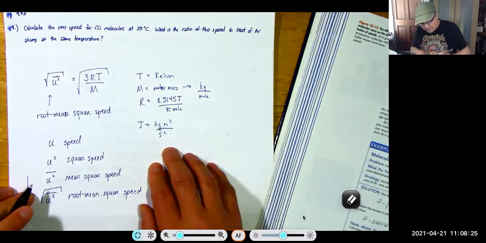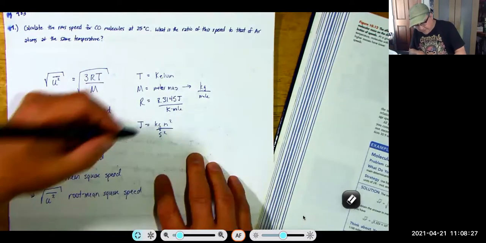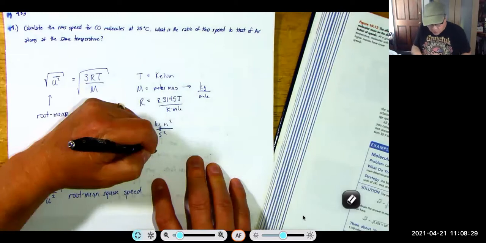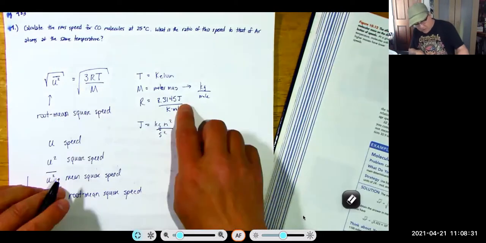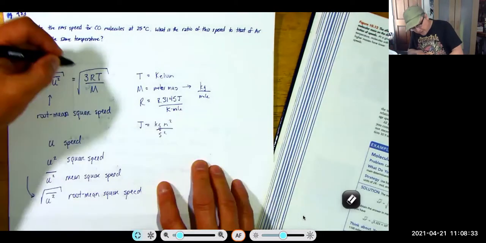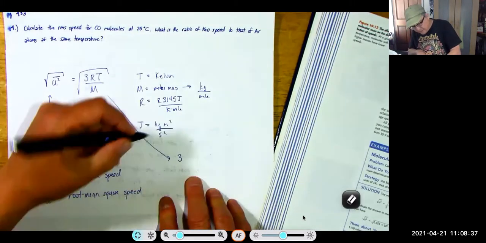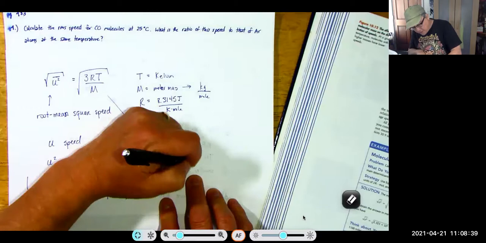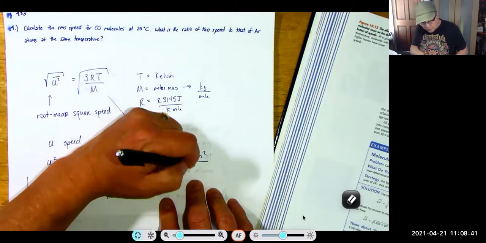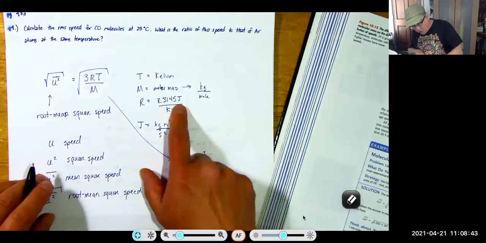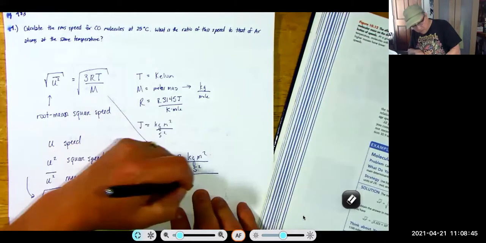And here, if R is joules per K per mole, that means in this equation, you've got 3 times kilogram meter squared per second squared. That's the joule part, all over K times mole.